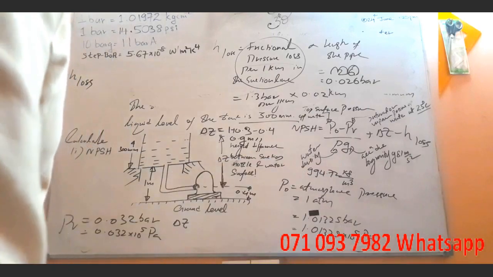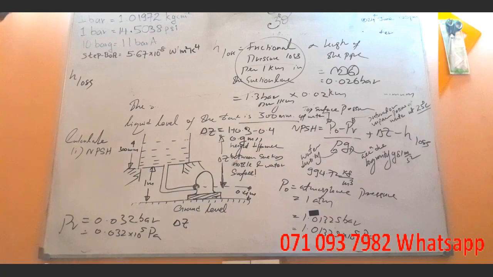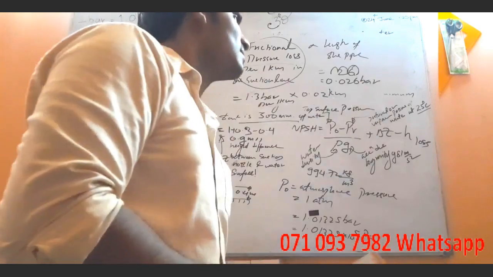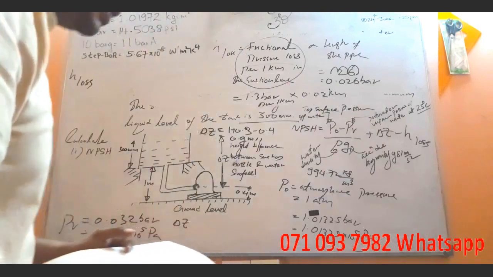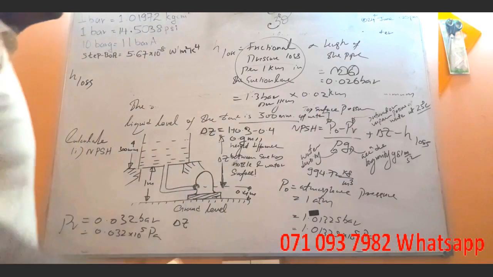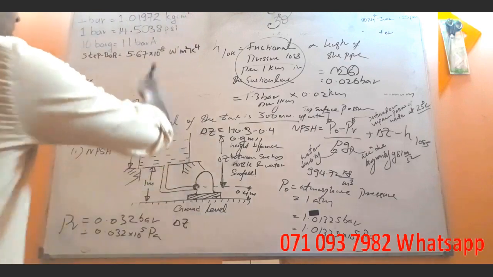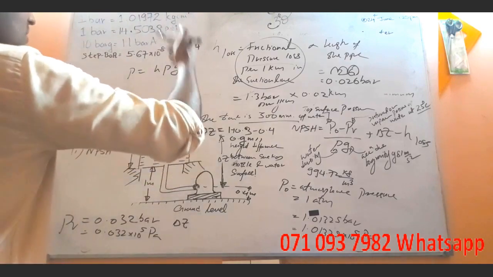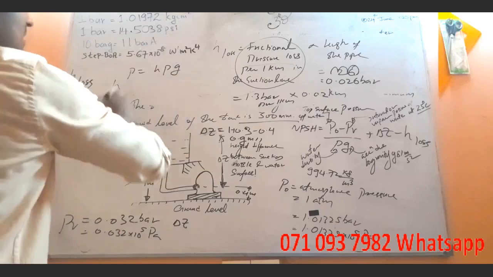So now this head loss is accounted in bars, but we have to convert that into a length. We know that pressure equals H rho G. So we consider it as a head loss, that means H, something like height.